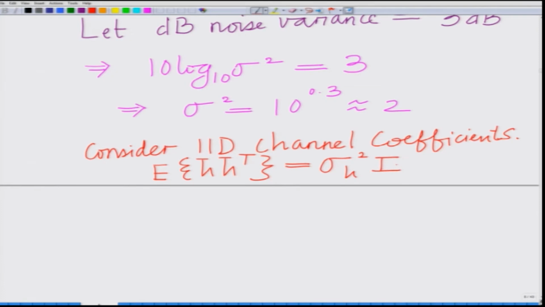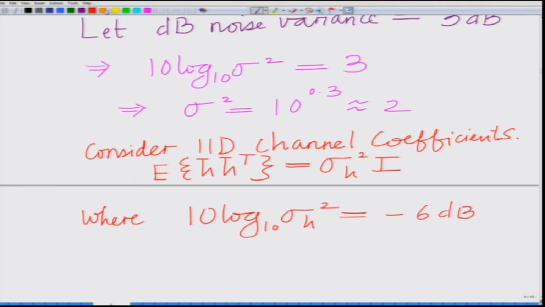So, expected value of h bar h bar transpose is equal to sigma h square I, where sigma h square in dB, that is the average channel variance or the average channel gain, equals minus 6 dB.